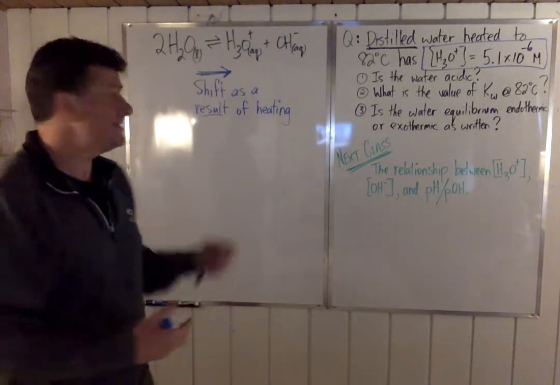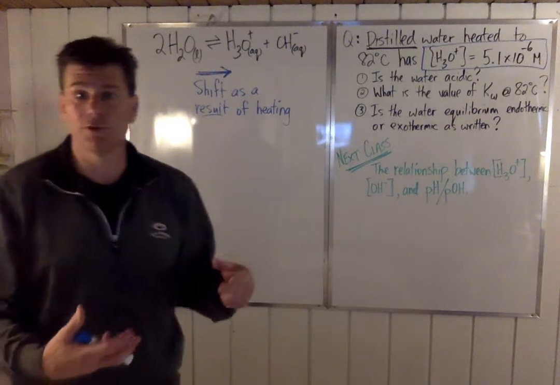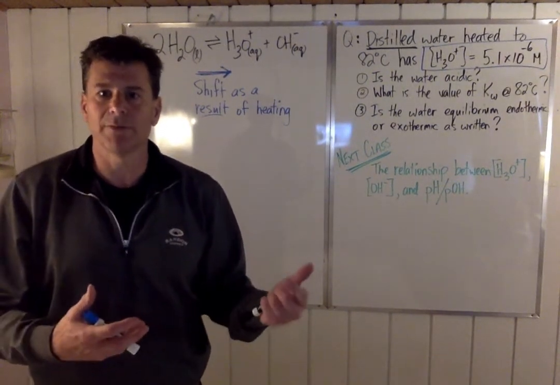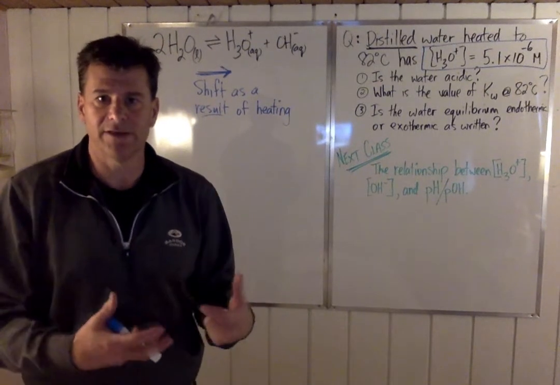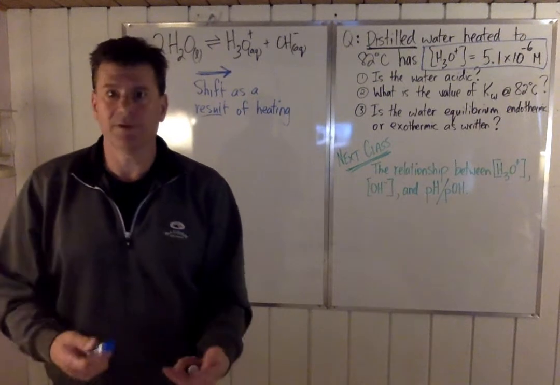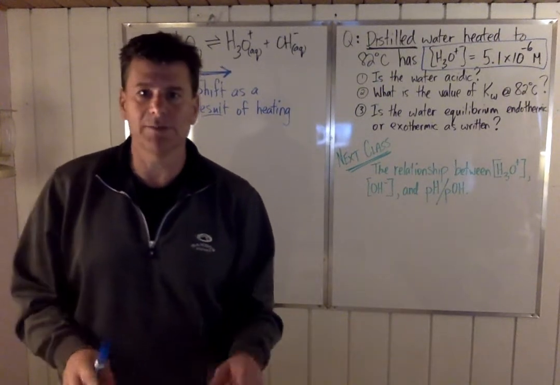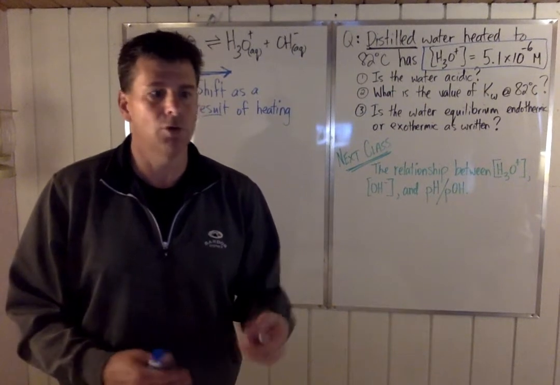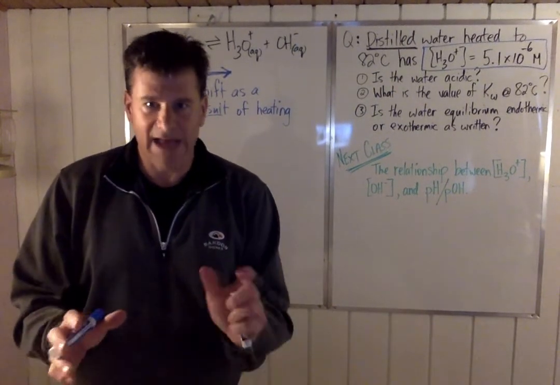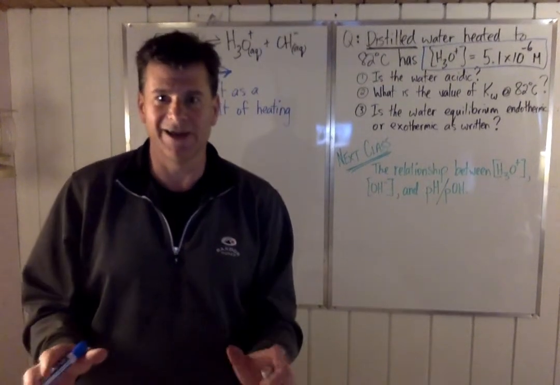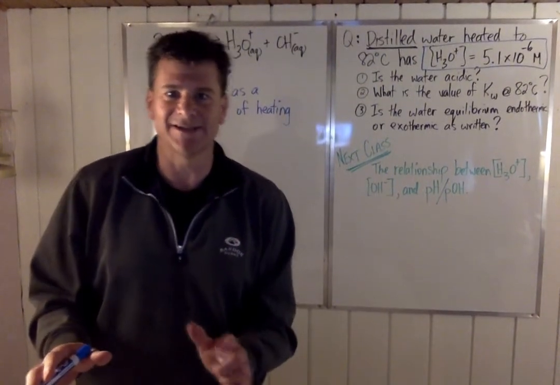Therefore, when we heated it, it must have shifted towards the hydronium and the hydroxide equally, because that's what the numbers showed us. And that's the only way that you could have got those numbers going up. Well, when you heat something, typically what happens? Not typically. What happens is it shifts away from where the heat term is. So it has to do with rates and activation energy and all that kind of jazz, which gets into a lot more detail.